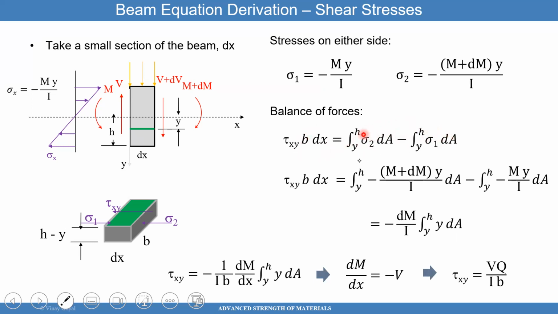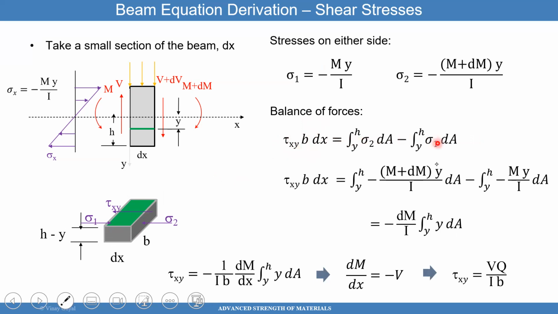These forces need to be in total equilibrium. You can see here the shear is acting to the left, and then sigma 1 and sigma 2 are acting on these sides of the beam. So it's a summation of forces in the x direction. That's why you have a shear of tau xy times dx times the width B. That's your total force moving to the left.